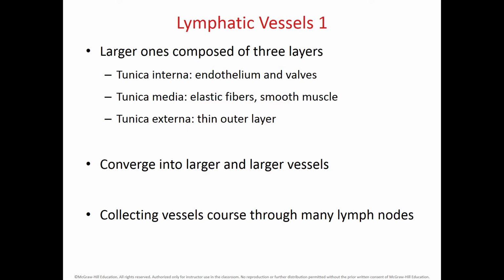Now, as the lymphatics move away from the capillary beds, they form larger lymphatic vessels. Some of these large lymphatic vessels can have the three layers of the large blood vessels. They can have a tunica interna with the endothelium and valves, a tunica media that is made of elastic fibers and smooth muscle cells, and a tunica externa that is made of connective tissue.